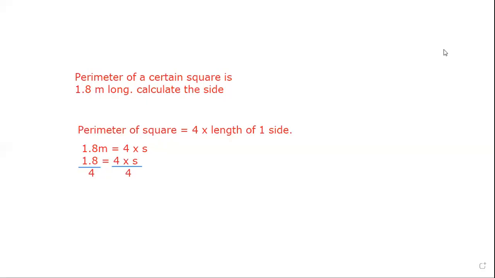Right. So what we're going to do is we're going to calculate them. So 1.8 divided by 4 will give us 0.45. And we're going to do the same thing on this side. So 4 divided by 4 will give us 1 multiplied by S. Now, we want to make S the subject of the formula.